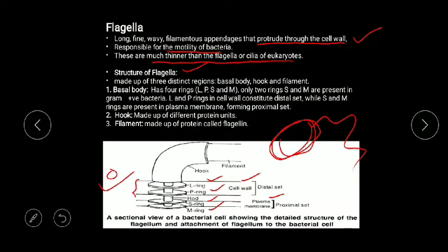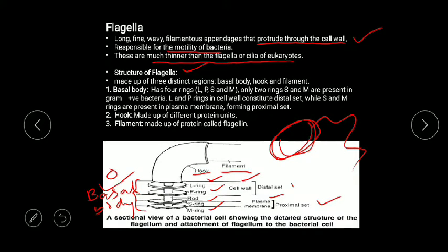These rings, present in the cell wall and cell membrane, combinedly form the basal body. What do they form? Basal body. Now above the basal body you will find the hook, and the hook is connected to the filament.